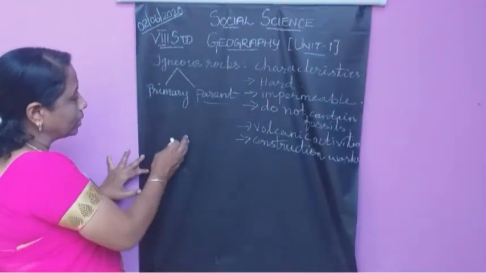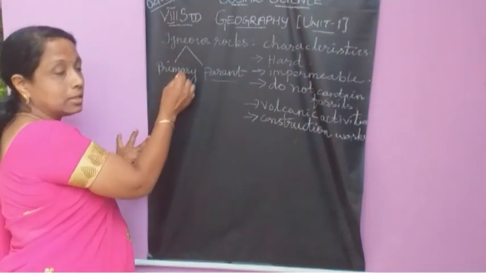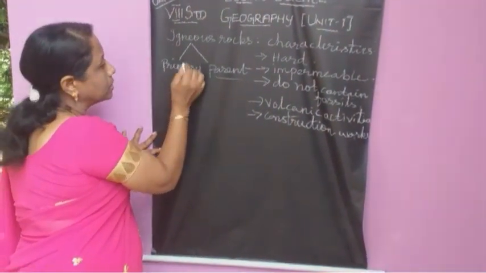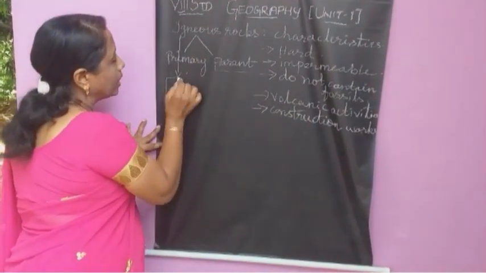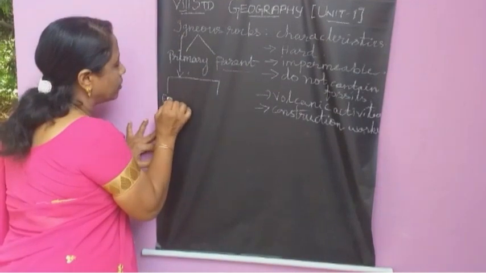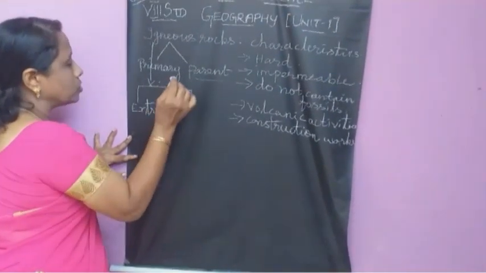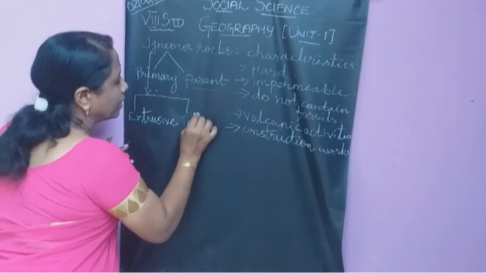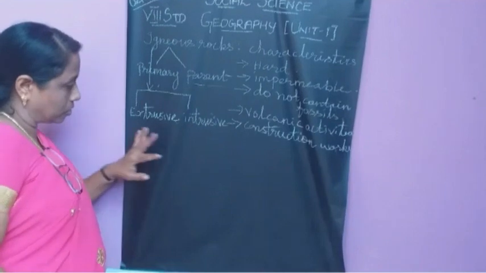Next we will go about the types of these igneous rocks. We have already seen it has two types. First one is extrusive igneous rock, and the other is intrusive. So what is extrusive igneous rock?